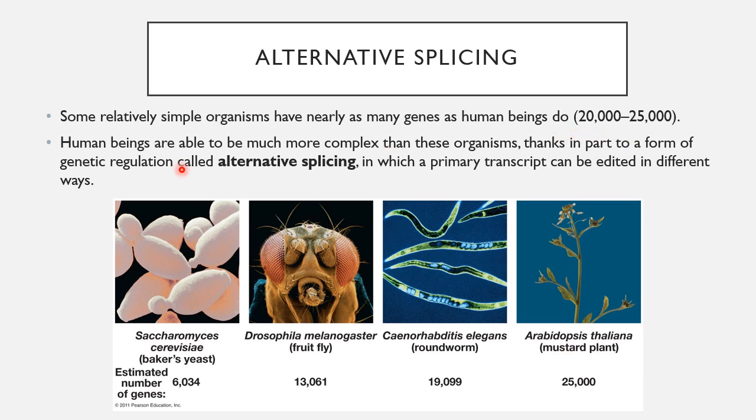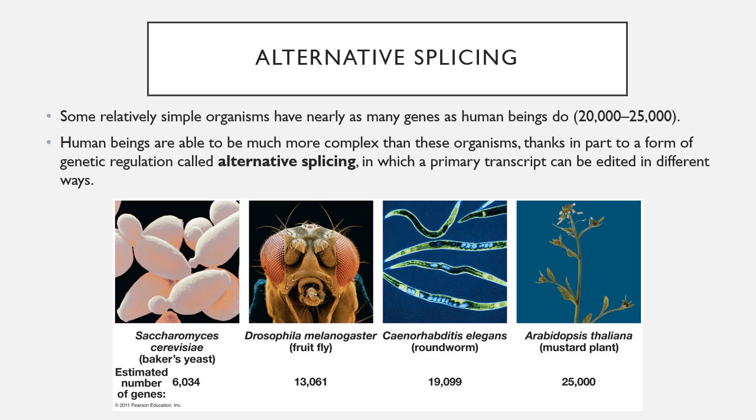But human beings are able to be much more complex than this organism, thanks in part to a form of genetic regulation called alternative splicing, in which the primary transcript can be edited in different ways. If you remember, we looked at that RNA code on the last slide, and certain introns were cut out and certain exons were left.